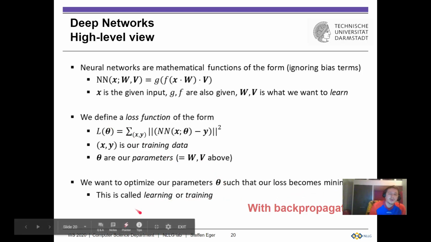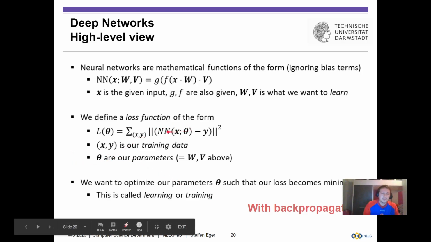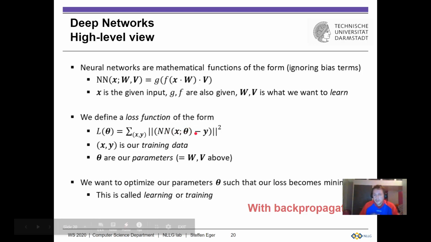And this is what we call learning or training. And so basically we have a loss function that's given by this form here. We want to minimize our loss. We want to set our parameters W and V such that our network makes very good predictions.